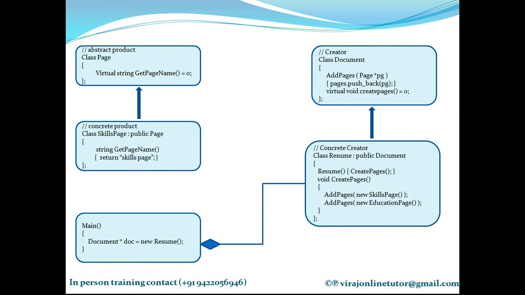So what are the consequences of using a factory method? The consequence is that it eliminates the need to couple different classes into your code. Did I do new skills page, new education page in my main function? I never did that, right? Because who is taking responsibility of creating new concrete products?